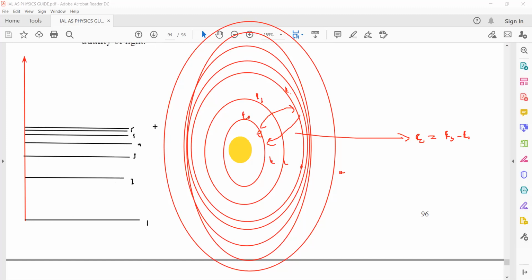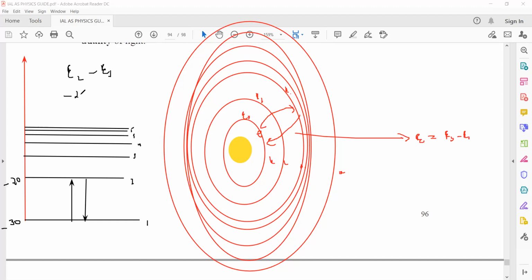So the electron absorbs energy. When the electron returns back, it will release a specific amount of energy. If the energy of this shell is 30 and the energy of this shell is 20, how much energy is released? The difference of the two. And this energy is given as negative, because it is used to bind the electron towards the nucleus, and shell 1 is closer to the nucleus. So the difference in energy will be E2 minus E1.